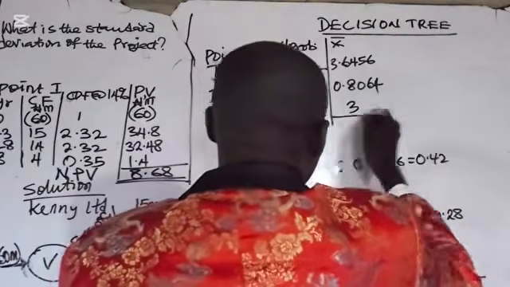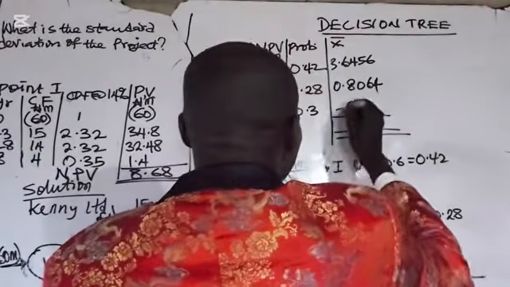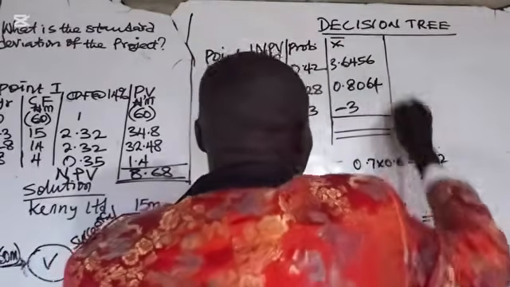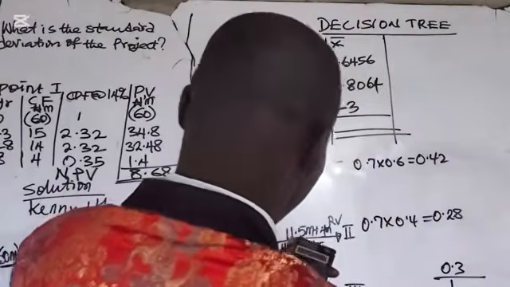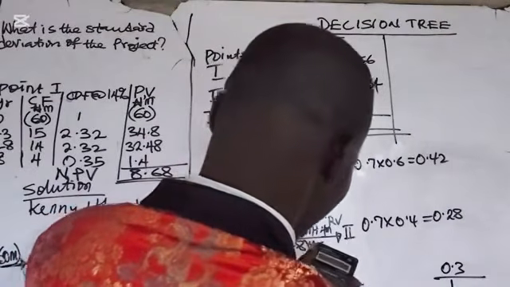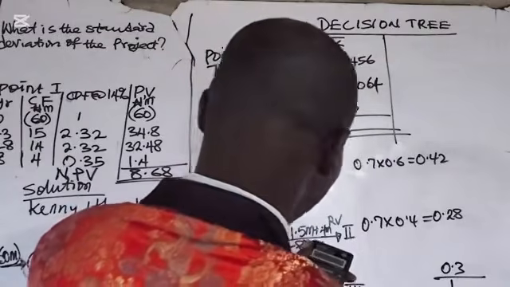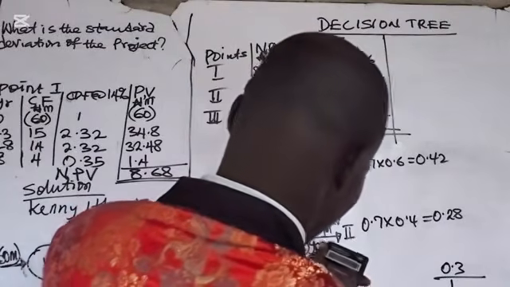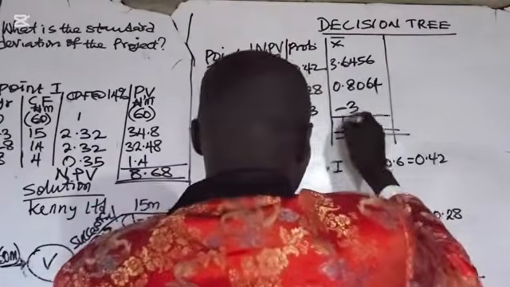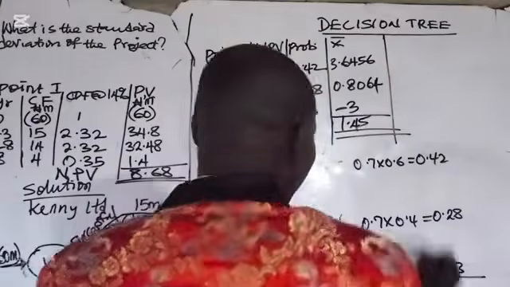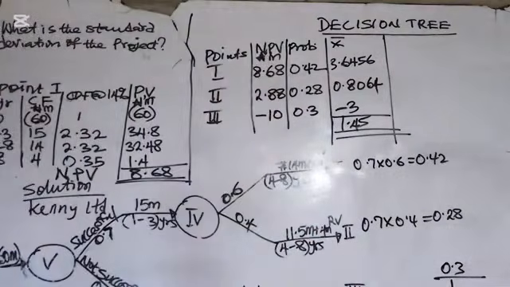So if you sum up the 3 expected values, the last one is minus 3 plus 0.8064 plus 3.6456. So the expected value is 1.45, which is the same as the result obtained from our earlier working.